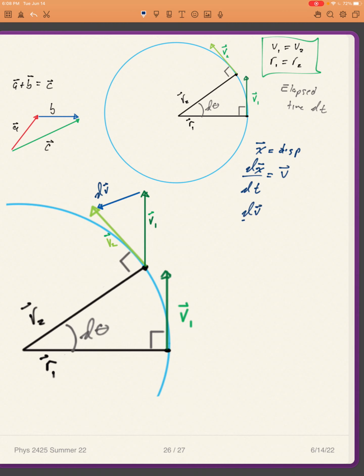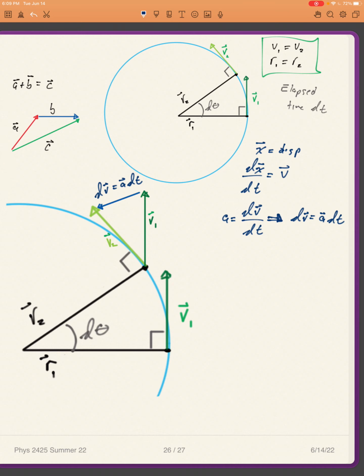So then I also know that dv/dt is equal to a, from which I can gather that a equals dv/dt, which means that dv is equal to a dt. Okay, so I have that.